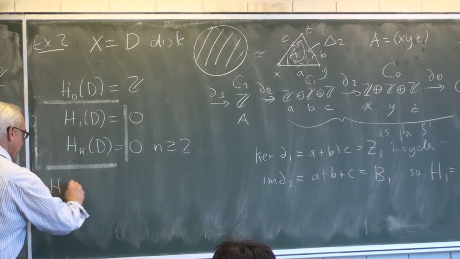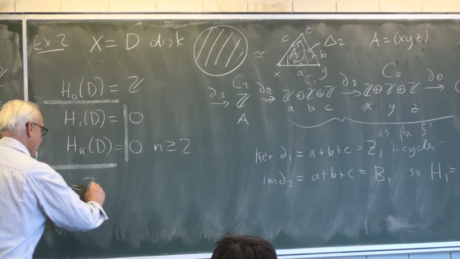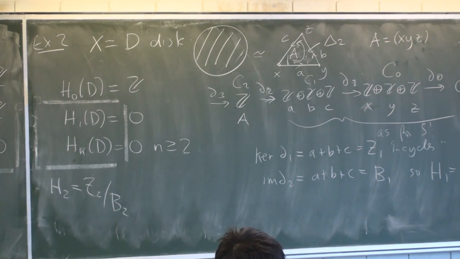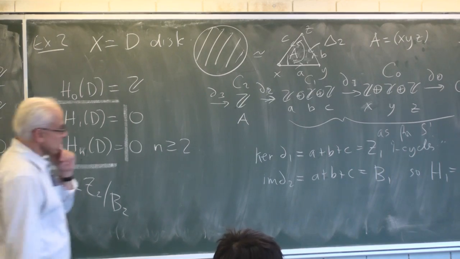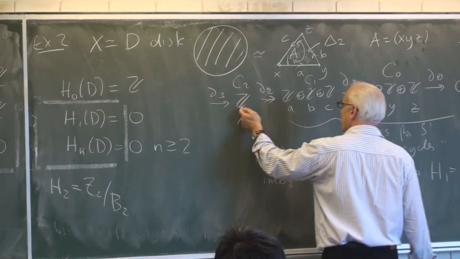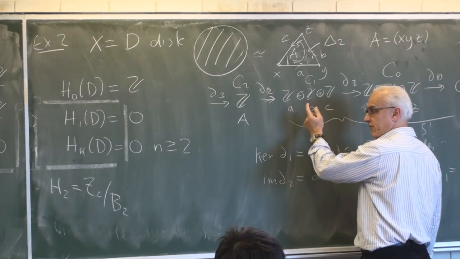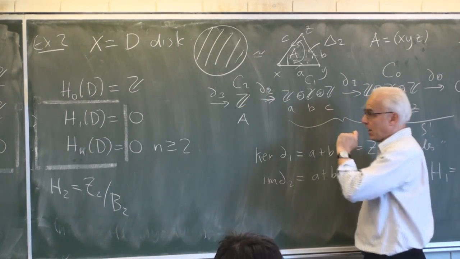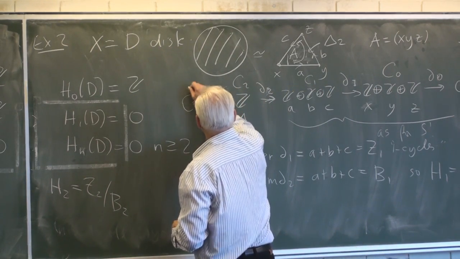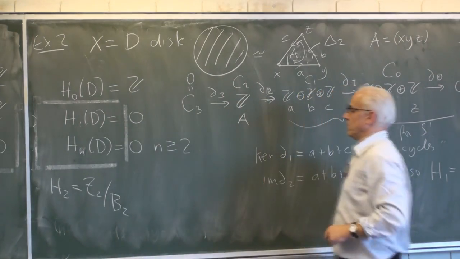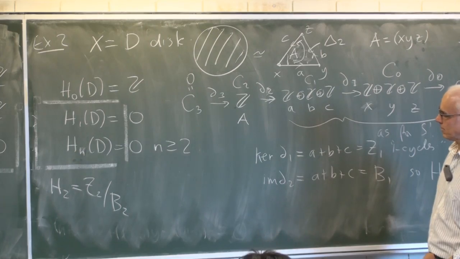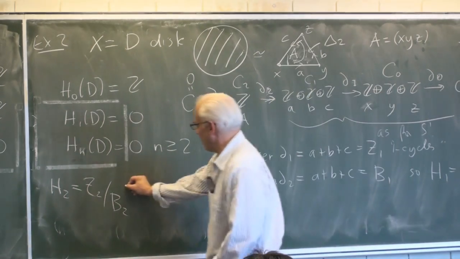So what about H2? We should also talk about that. That's Z2, the two cycles over the two boundaries. Okay. So we have to look here and say, well, which elements in here are going to 0? That's the first question. That establishes what are the cycles. And we should also ask which elements from the next chain, which is actually 0, are going to be sent, what's the image of those ones? Well, what is Z2?